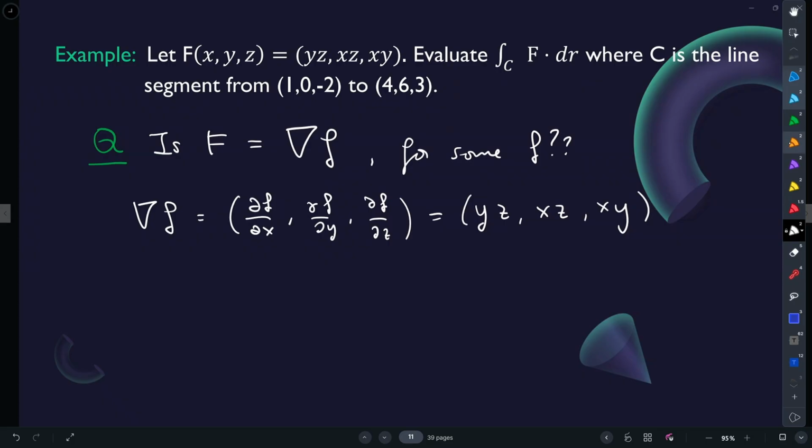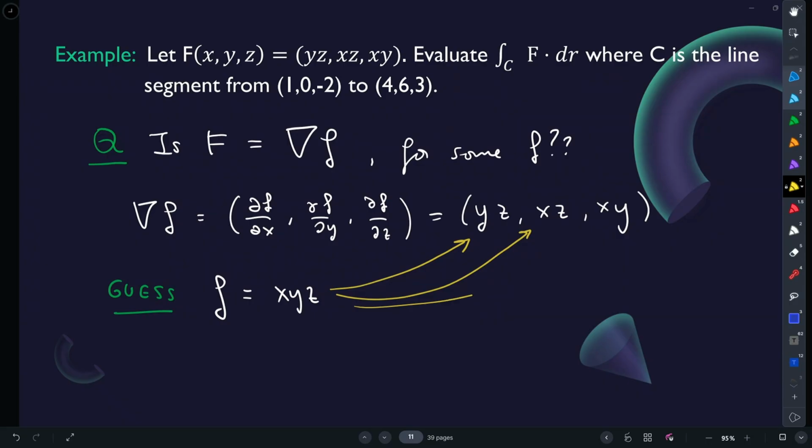But for the time being, we have a good guess that f could be xyz. And if I look at the derivatives, the derivative with respect to x is yz, the derivative with respect to y is xz, and the derivative with respect to z is xy. So it matches.